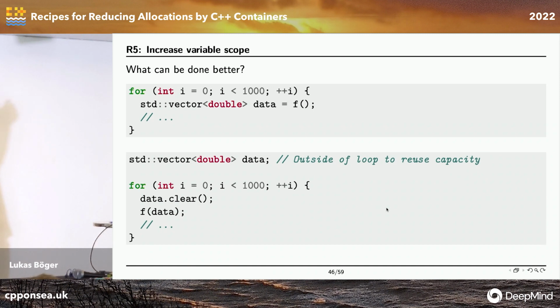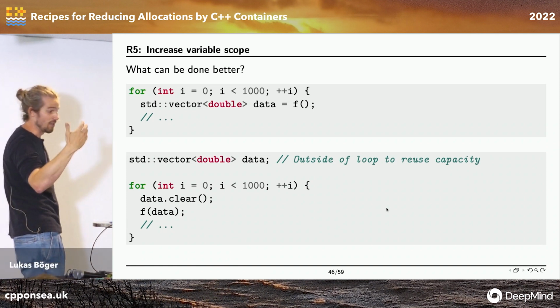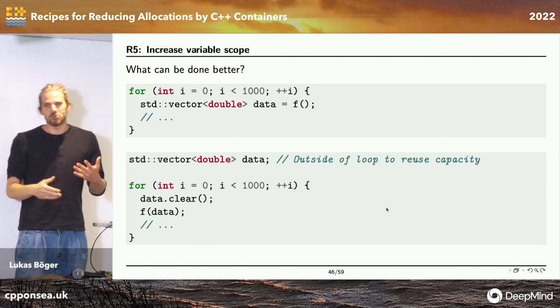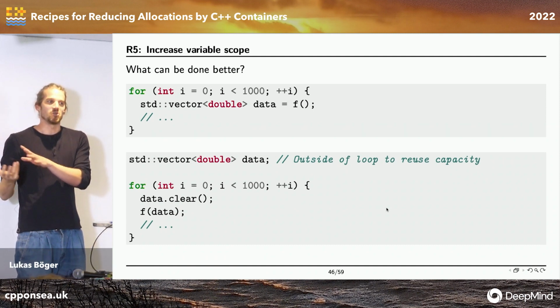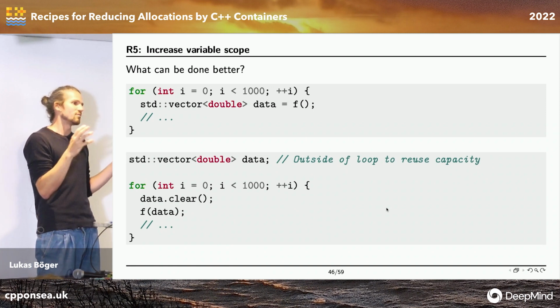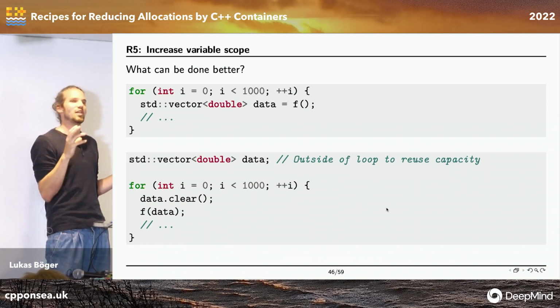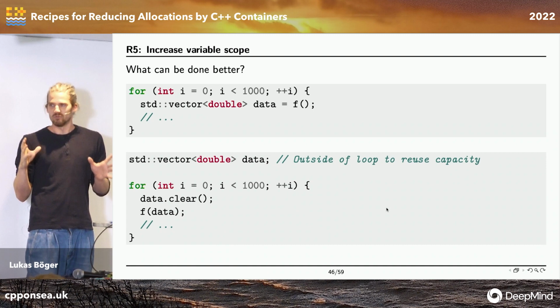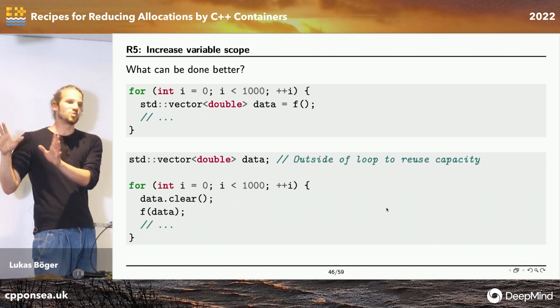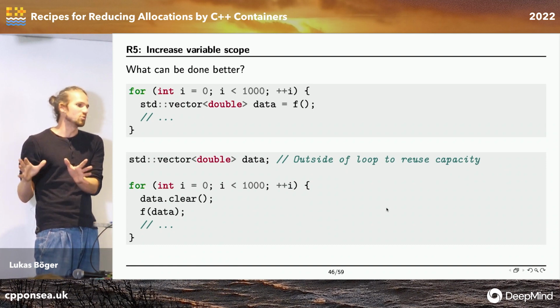We reuse the capacity all the time, but we are also entering some kind of danger zone here. Everything I've shown you so far, I would argue that we can relatively safely apply without the need to properly justify what we are doing. That is over now. Everything we do now is somewhat more intrusive.